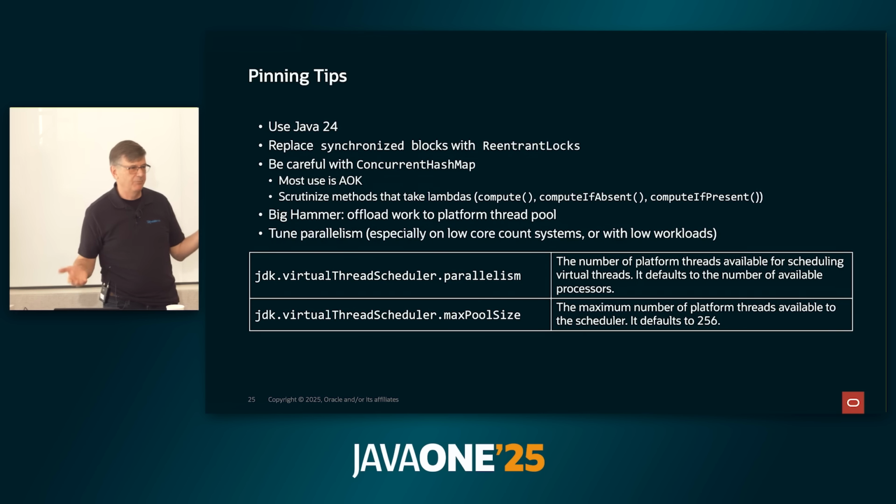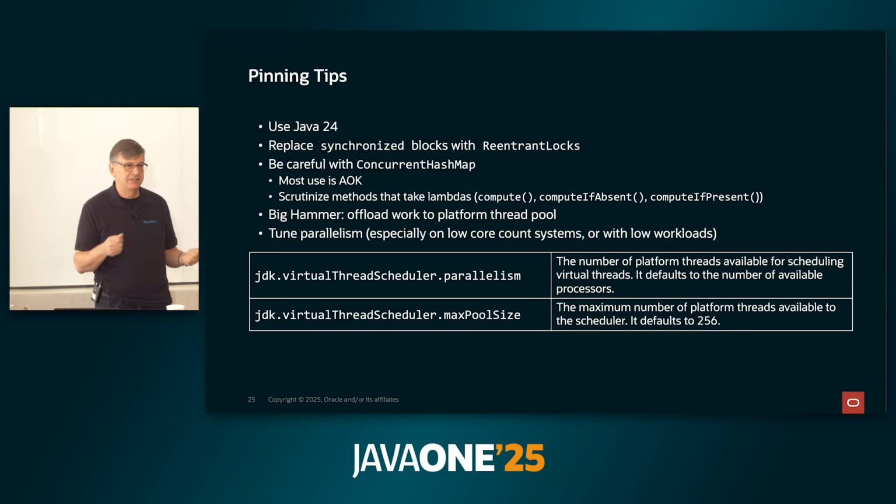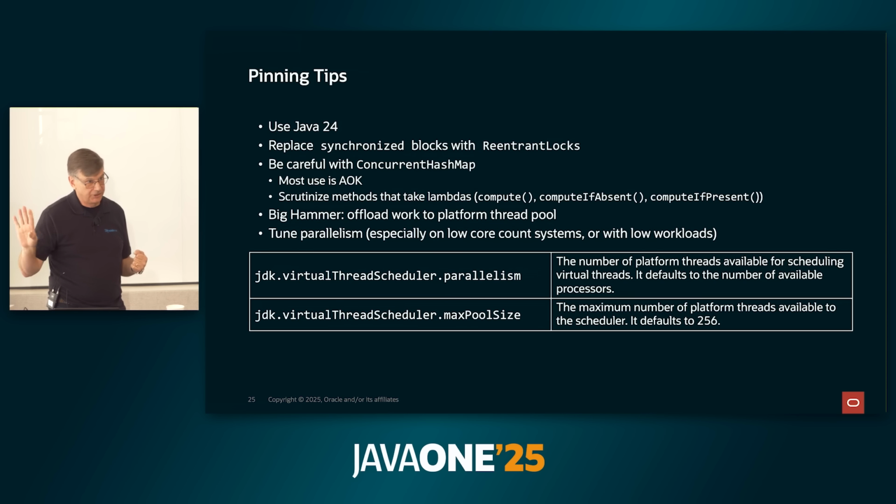For tips, the number one tip to avoid pinning is to use Java 24. You can replace synchronized blocks with reentrant locks if you can't use Java 24. Be careful with ConcurrentHashMap. This is one thing early on where we detected some pinning that we were doing before Java 24.